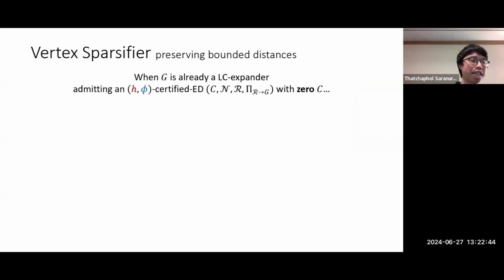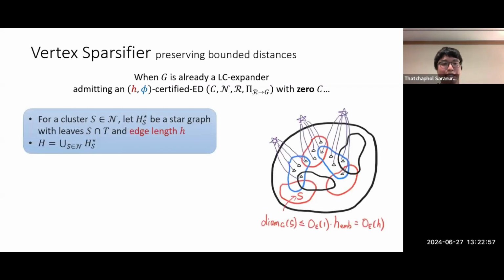When G is already a length-constrained expander, meaning it admits an h-certified ED with 0 cut C, then remember that this N is a pairwise cover, like a neighborhood cover, on the graph G minus C. But now because C is 0, we already have a pairwise cover on the graph G. So the following is natural: we add stars to simulate the distance inside each cluster, and then take the union of all these star graphs as our final sparsifier.